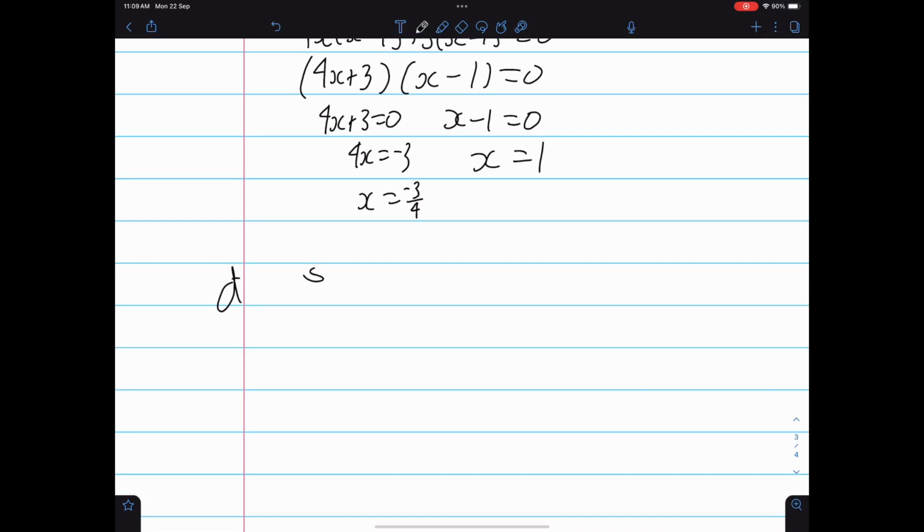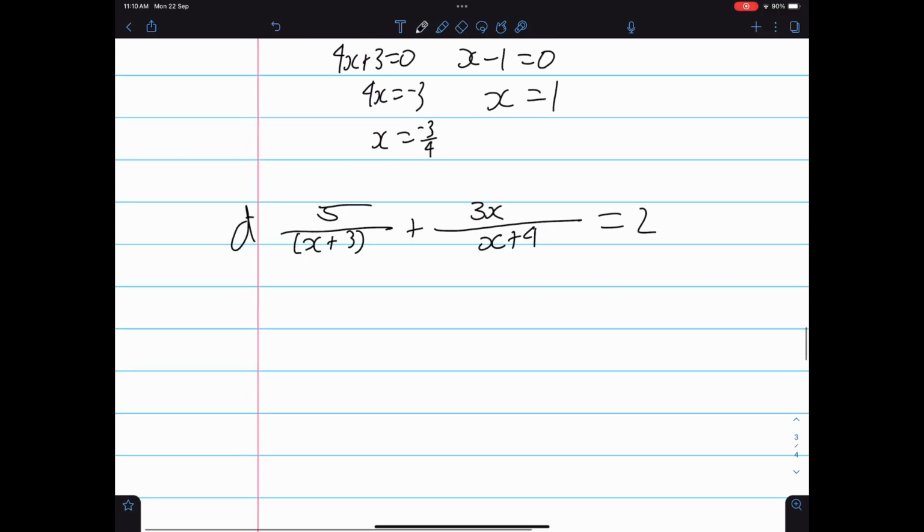Now the next one is kind of a similar thing. And so we must do the same thing of multiplying by the other denominator.